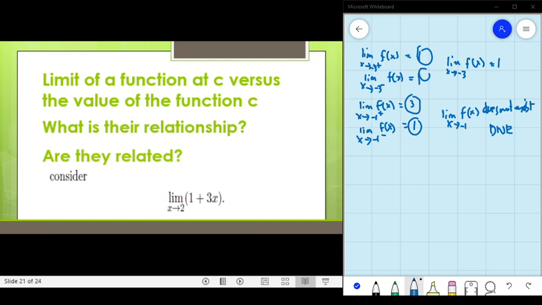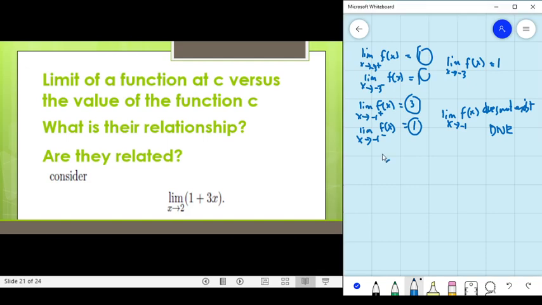Okay, so if we consider the limit of 1 plus 3x as x approaches 2, notice that you can substitute from the left and from the right.